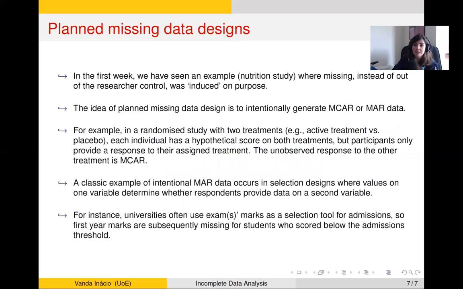And so we had an example of a study designed in such a way that all individuals in our sample would provide their 24-hour food intake, and then only some subjects in the sample would provide the longer fat intake diary.